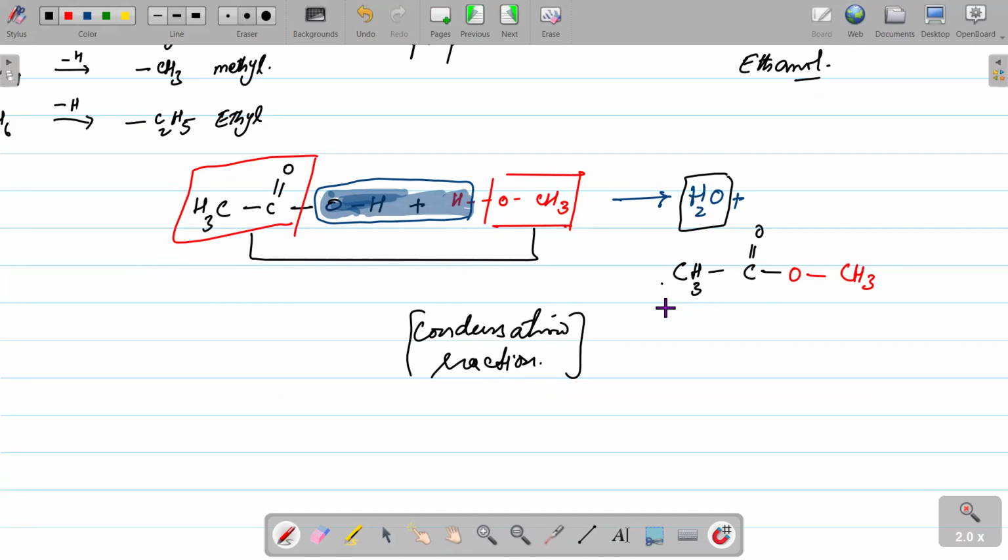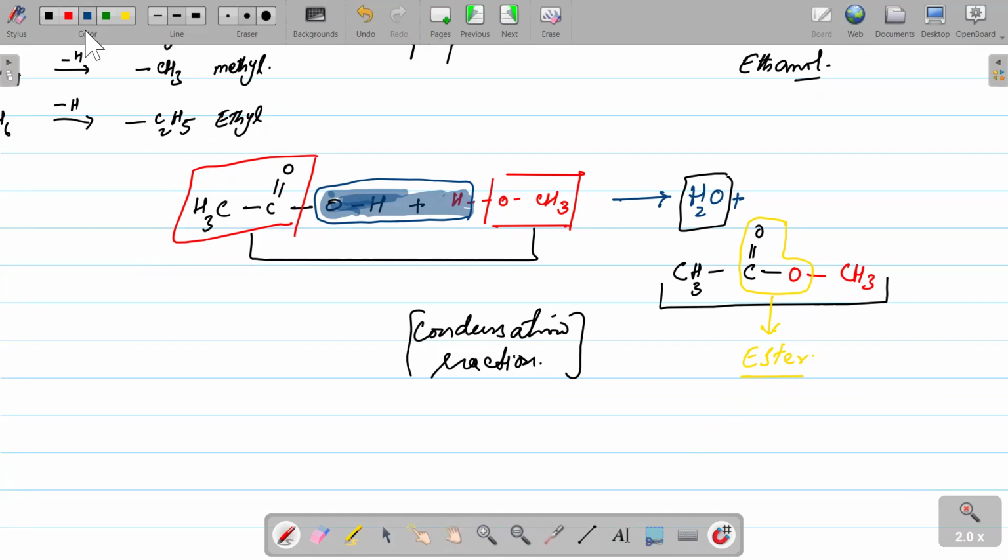So this new product has another functional group. You can see here C double bond O and O that is present in between two alkyl groups, two carbon atoms, you can say. So this new functional group is known as ester functional group. Is it clear?